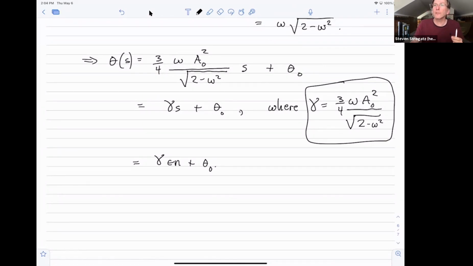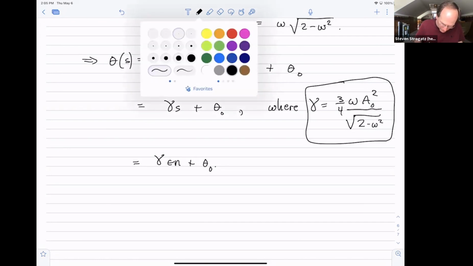Excuse me, I'm sort of flustered about my computer dinging at me. Do not disturb, please. Okay. All right, so there. This whole thing is going to represent an order epsilon frequency shift.